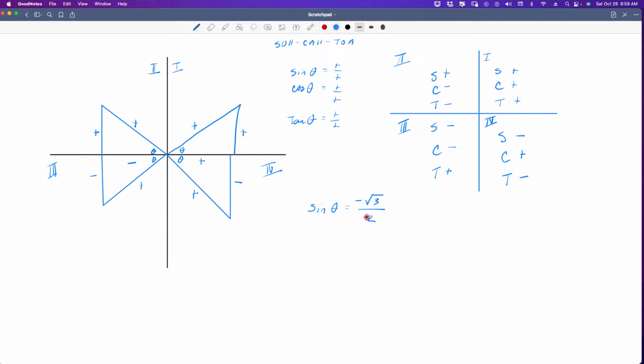I can draw a triangle and I can find a place where I have a negative over a positive for sine, but I don't really know what the values are here or how big that angle is. It doesn't fit into our reference triangle, right? I can't just plug it in somewhere.